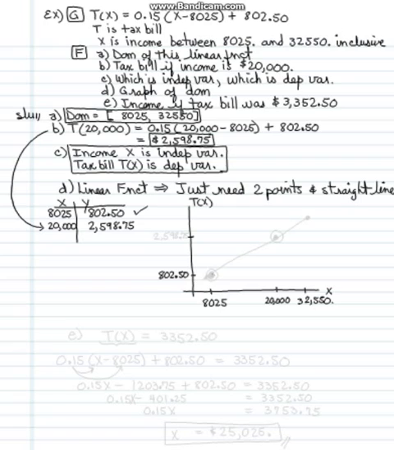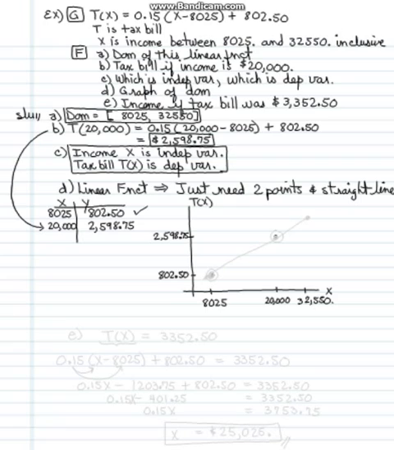T of 20,000 was $2,598.75. So that means that this ordered pair is approximately here.